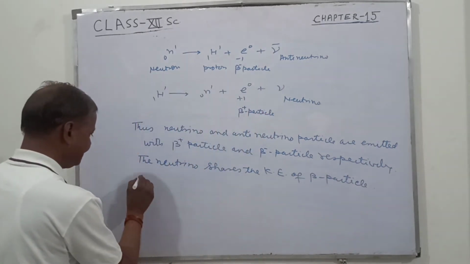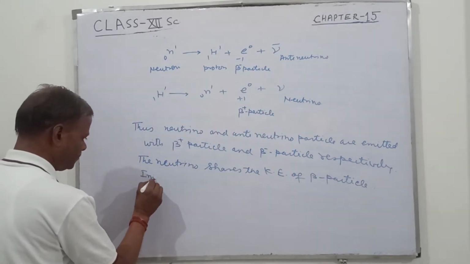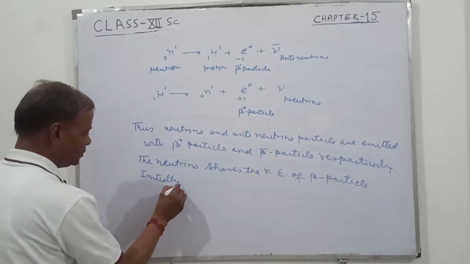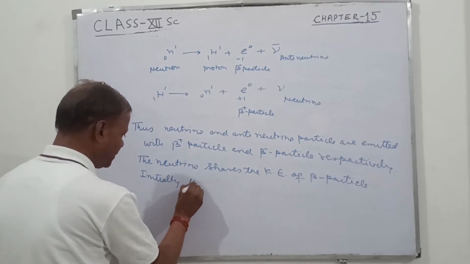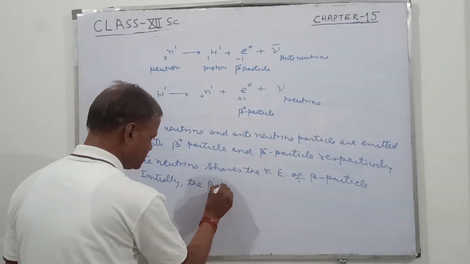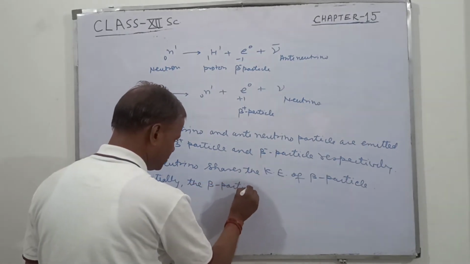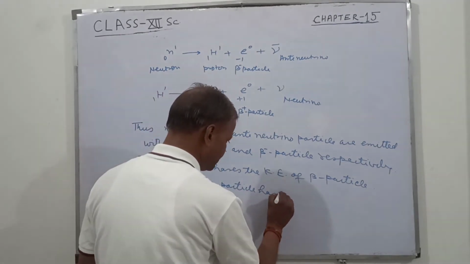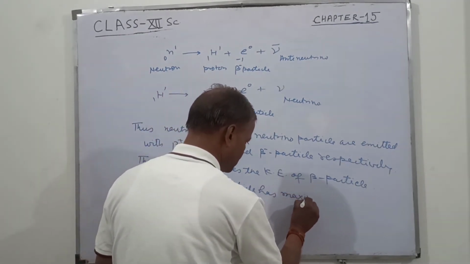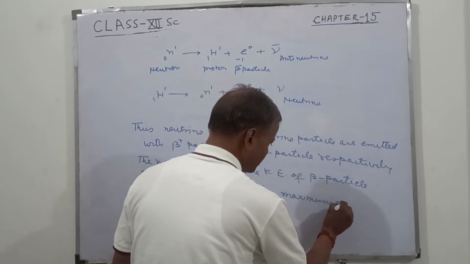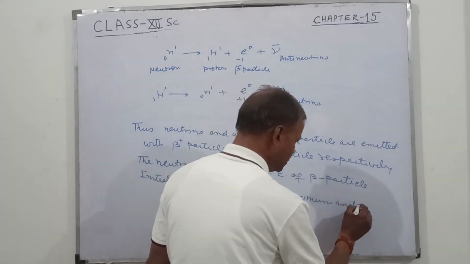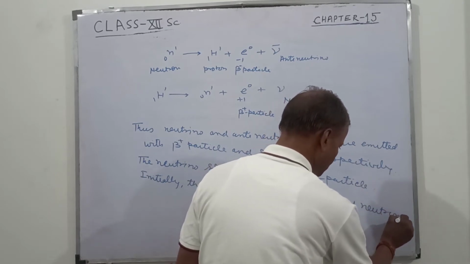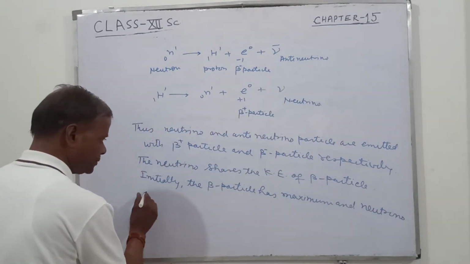Initially, the beta particle has maximum energy and neutrino has zero energy.